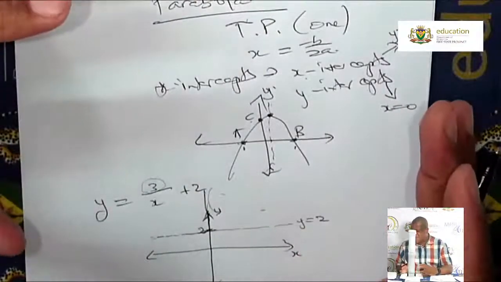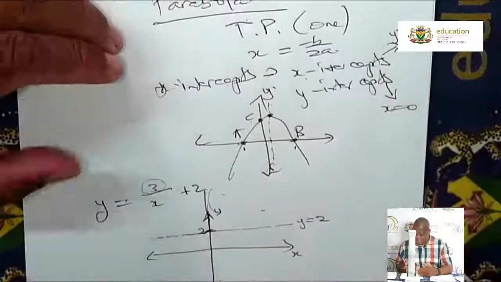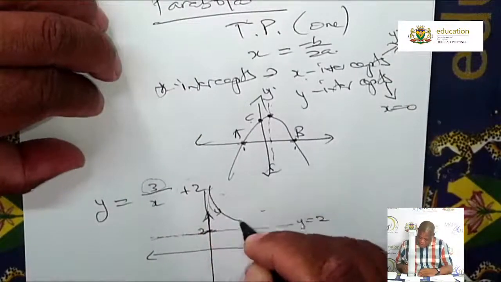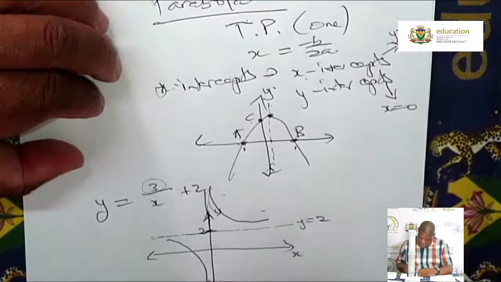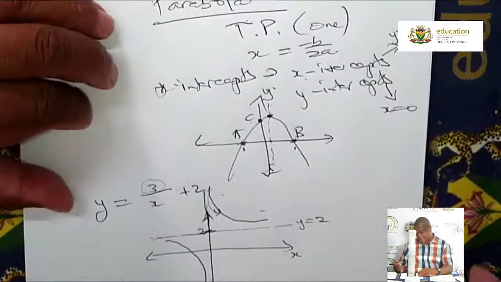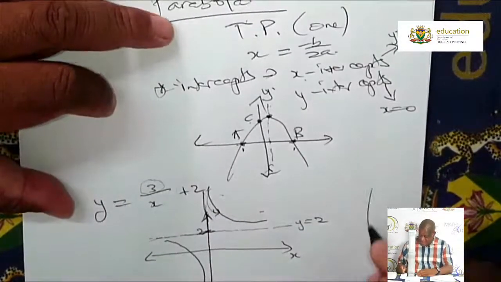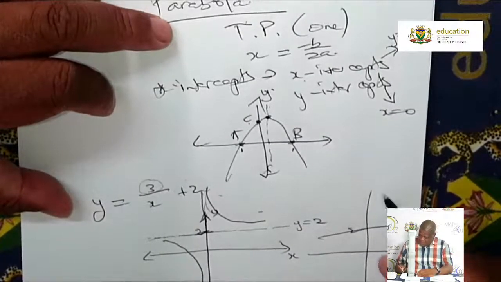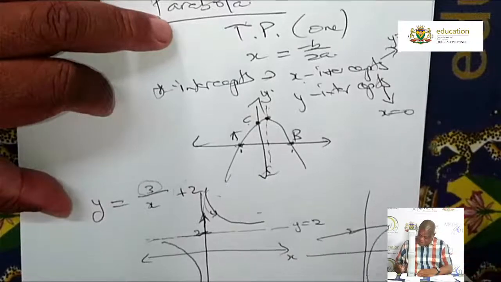It will just depend on the value, because the hyperbola will definitely look like this. The other hyperbola, if you're having your 2 there, will take the shape like this.